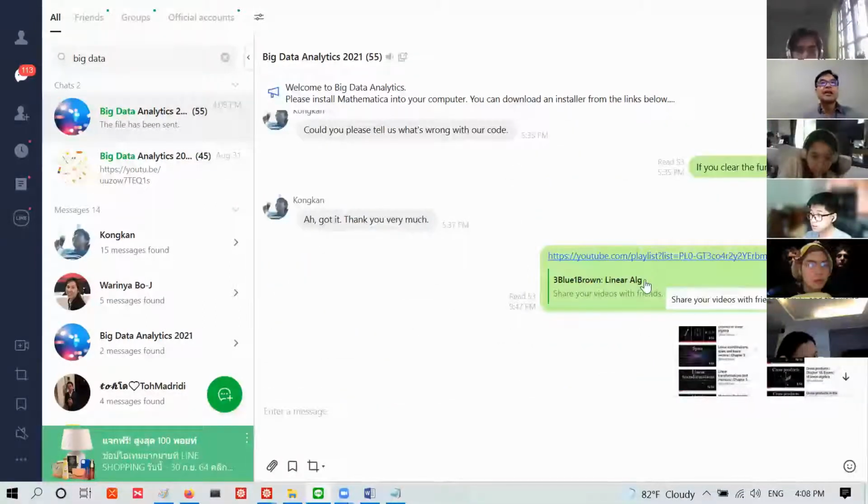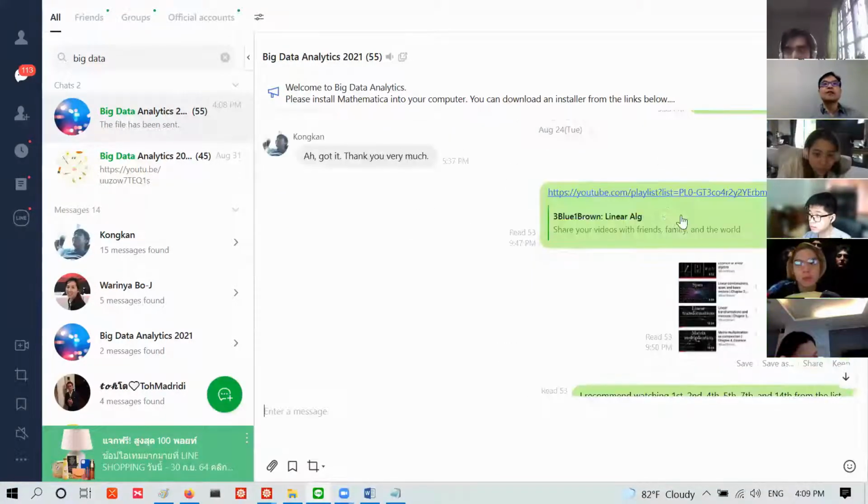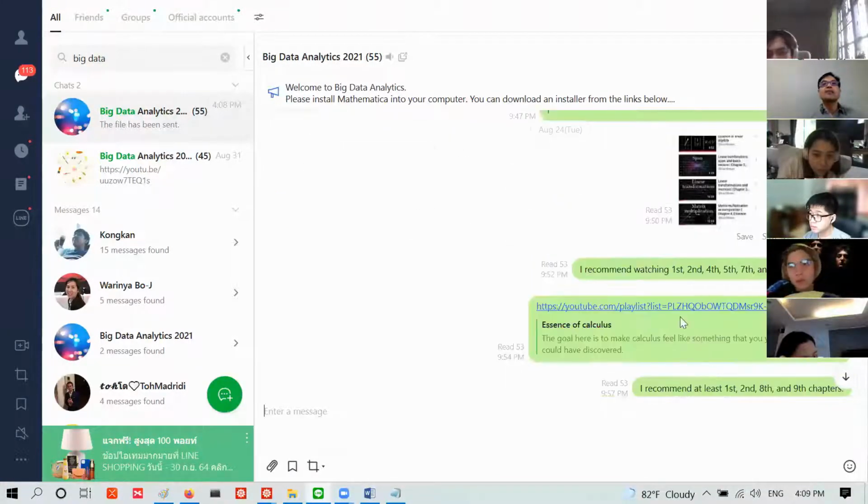Yeah, linear algebra, 3Blue1Brown. You also have Essence of Calculus. So between here and here, you have the mechanics and the intuition of the operation. The intuition I gave you today is not about mathematical operation necessarily, but it's about why and how and where and when you would need that as part of data analytics.